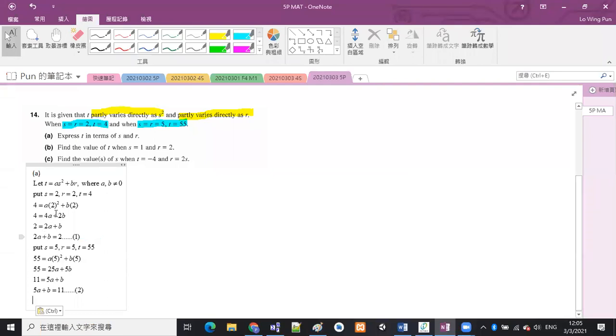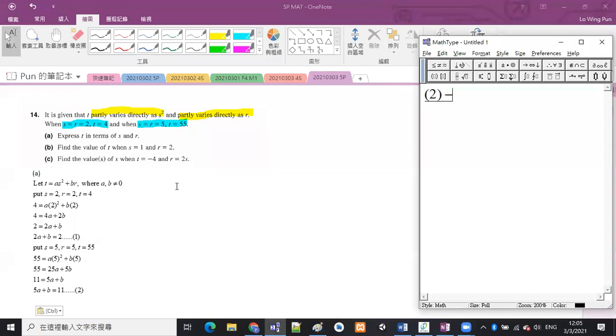We just do the subtraction of the equations. Okay, so using equation 2 minus equation 1. For the a terms, we have 5a minus 2a, that is 3a. For the b term, we have b minus b, cancelled. And on the right-hand side, we have 11 minus 2, that is equal to 9. And then we get a simple equation. So a is equal to 3.